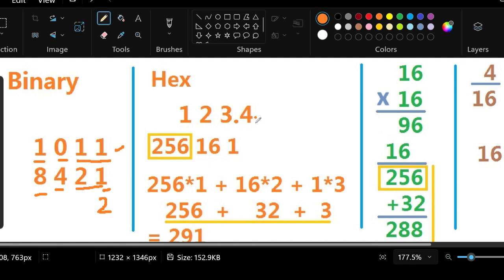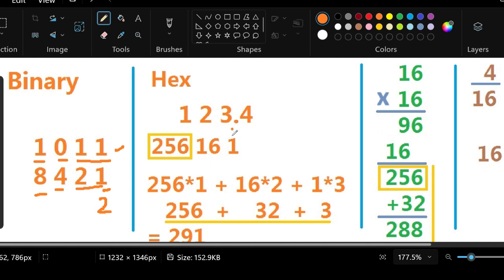But the idea is that each of the digits would have the possibility of, in binary, 1 or 0, and in this case any of the 16 available digits or letters for the hexadecimal number.